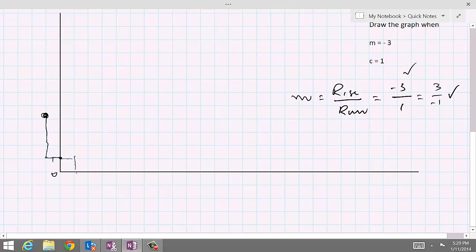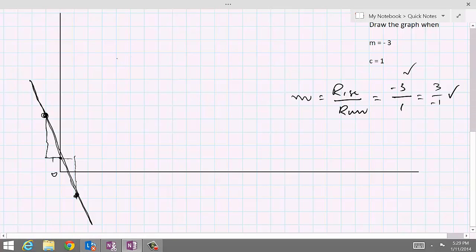So 1, 2 and 3, we would have reached here. But either way, the line would pass through both of these points, satisfying both conditions. So it doesn't matter whichever way you draw the line, you end up getting the same line.